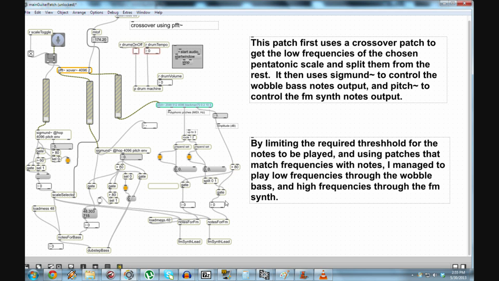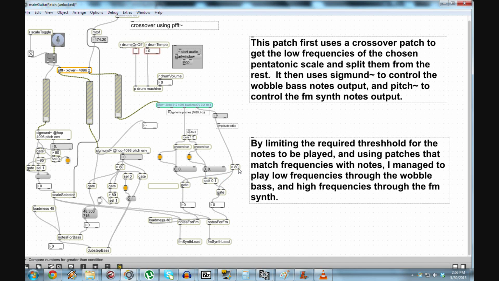The difference is that it doesn't have a thing that it does if it's below that limit, because if you're playing the guitar, since the high frequency crossover still detects notes from the low frequency, you're always going to have a threshold greater than 80.